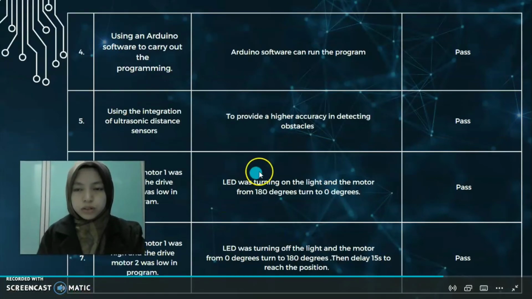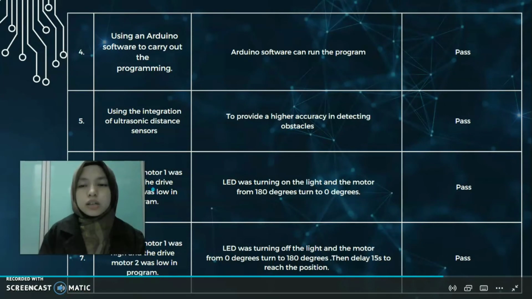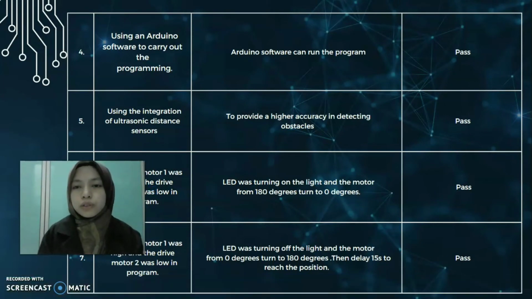For the fourth test data, using Arduino software to carry out the programming, the Arduino software can run the program and it passed. And the fifth, using an integration of ultrasonic distance sensor, we had to provide higher accuracy in detecting obstacles, and it passed also.